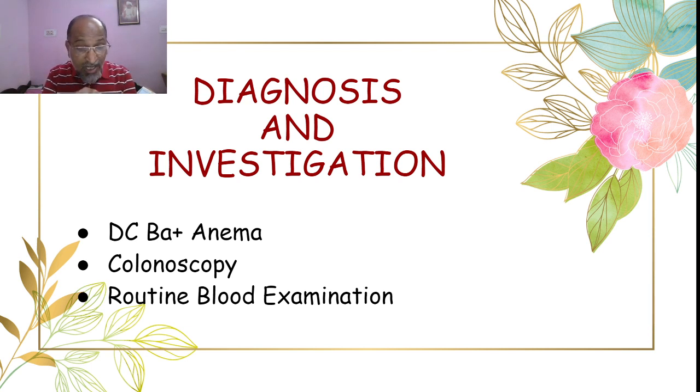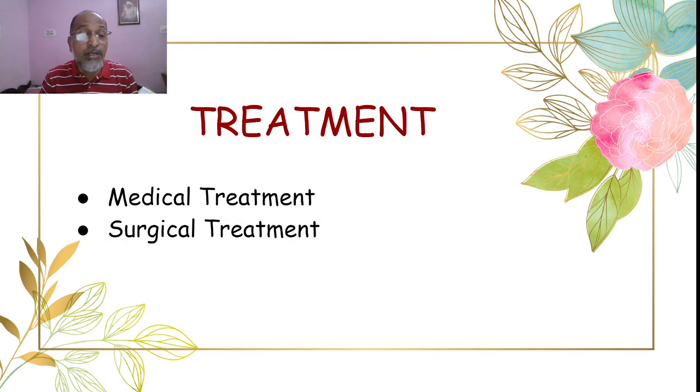The ESR, the CRP and the count help you evaluate the progress or deterioration of the disease, whether the patient is improving or deteriorating. Accordingly, you can decide whether the medical or conservative treatment has to continue or a surgical step has to be taken. So routine blood examination, don't take it lightly. It's a very, very important investigation and tool for acute or any condition of colonic diverticulum.